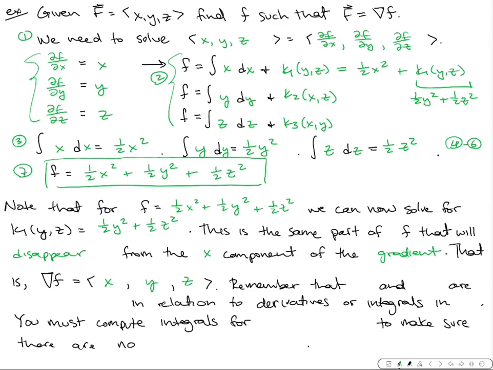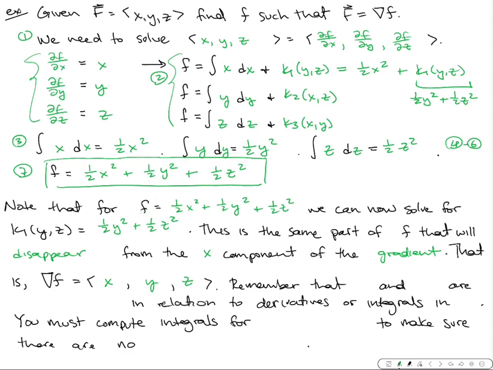And so this 1/2 x squared in little f leads to the x that we see in the gradient vector. But these other two terms, 1/2 y squared plus 1/2 z squared, don't show up in the x component of the gradient vector.